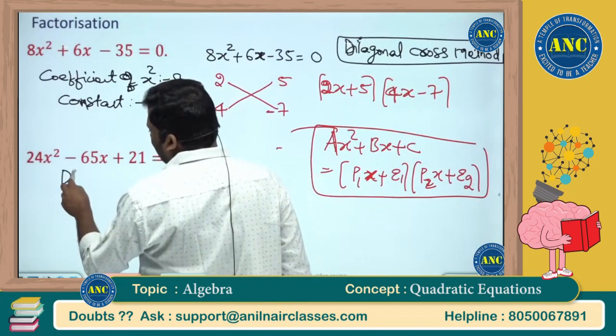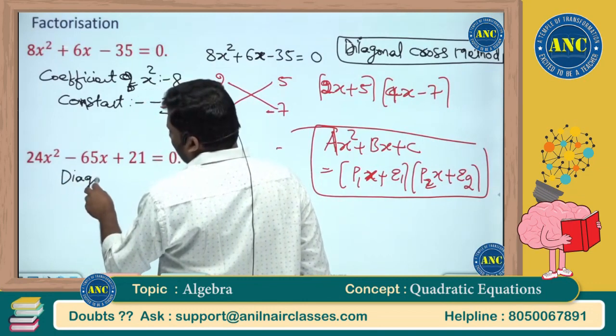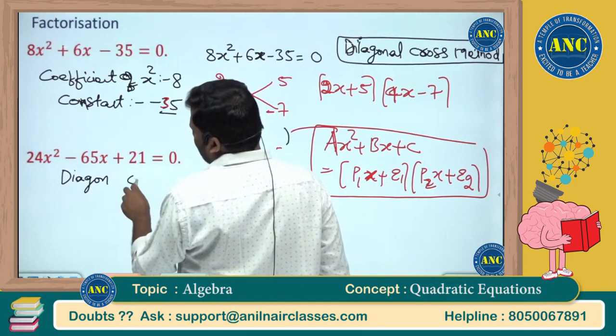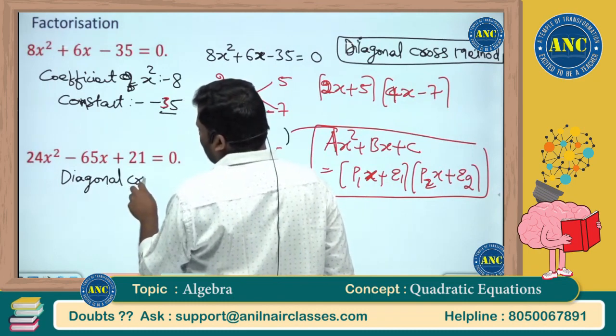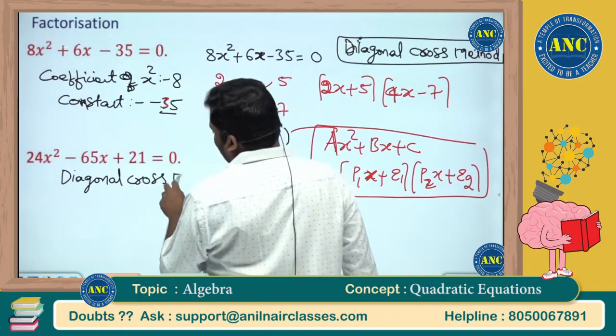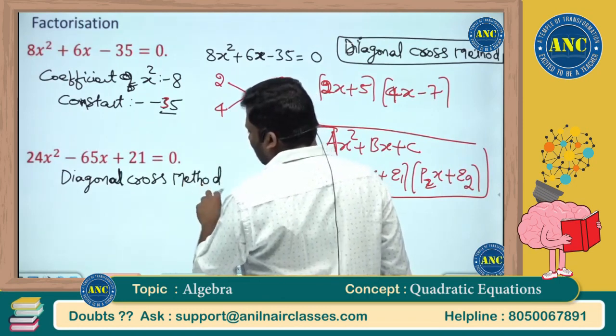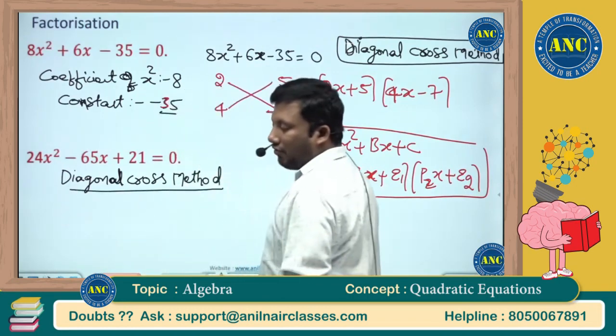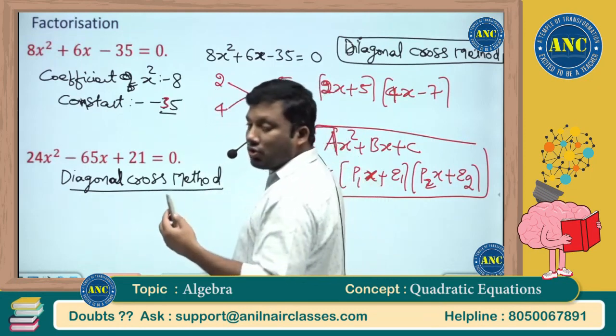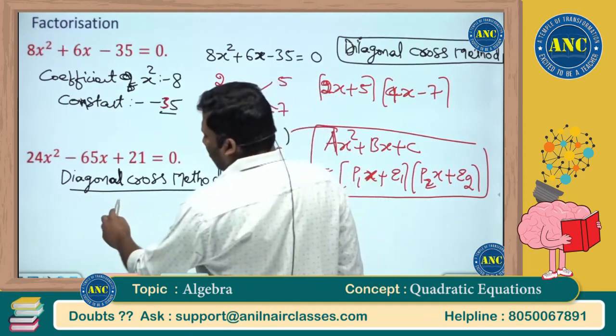Another example, diagonal cross method. What is this diagonal cross method? First step, we take the coefficient of x square, which is 24. 24 is 1 into 24, 2 into 12, 3 into 8.